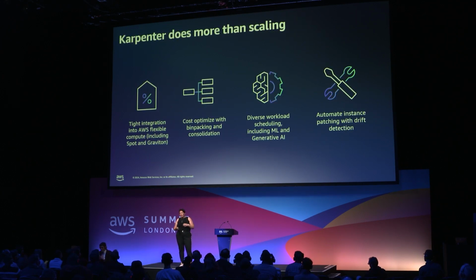It also fails back from on-demand to Spot, which is something that I know sometimes can be a blocker for people wanting to use Spot, but it's able to make those decisions for you. It also deals with drift detection and AMI images. I know David's going to talk about that a little bit more in a moment. And for customers that have those really high spiky demand workloads, or a diverse set of compute nodes that they need to work with, you can move away from having loads of managed node groups and you can move to Karpenter.